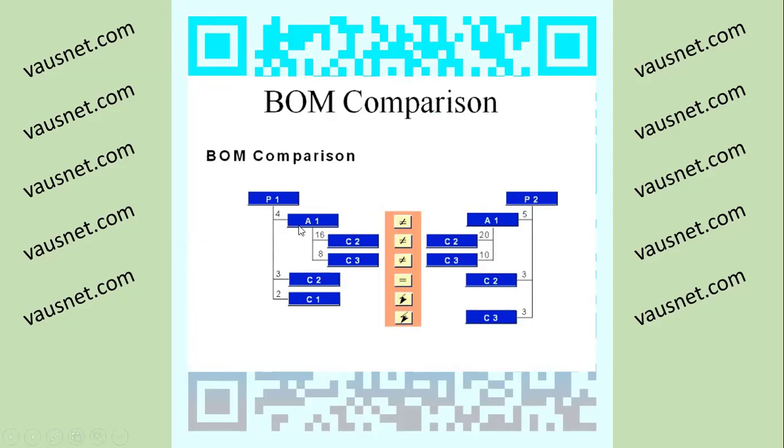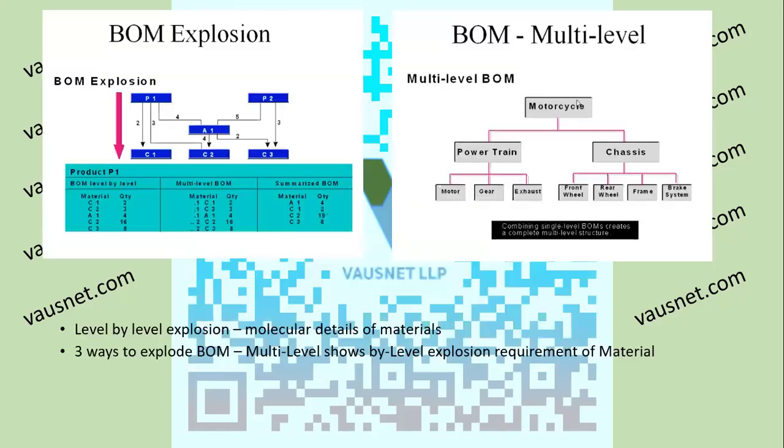Although the same raw material or semi-finished good component is being used, the quantities are different. In some areas, as we see C2 and C2, the same material is being used in the same quantity. So there is a similarity in these bills of material. So you can actually compare bills of material.